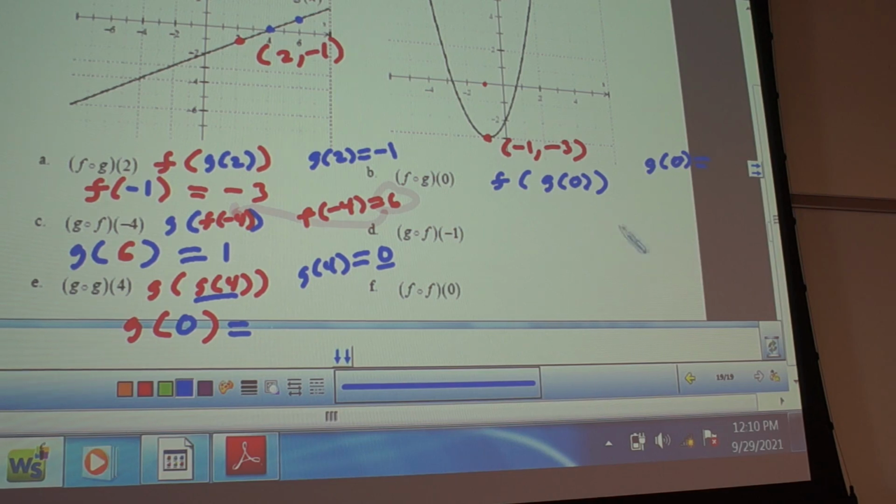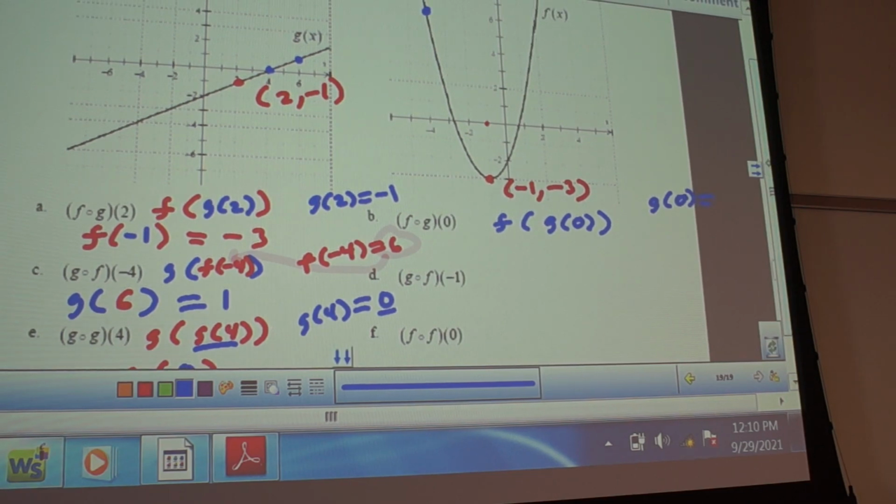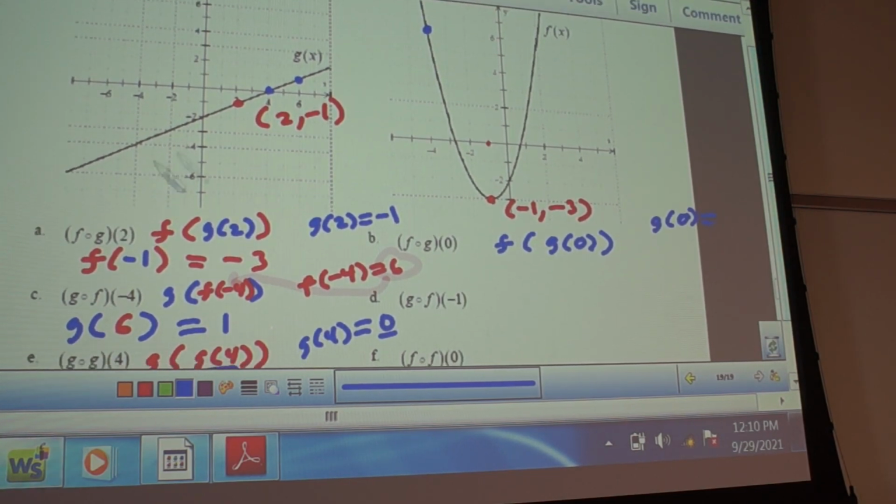F of G of 0, if you found G of 0, and you did, G of 0 is negative 2. So you did 0 goes to 2. Would that help you if you did it that way? And then you wrote your F and figure out what F of 2 goes to.